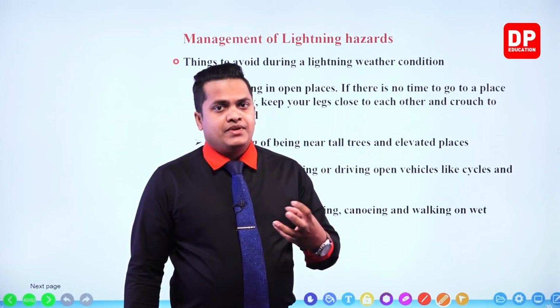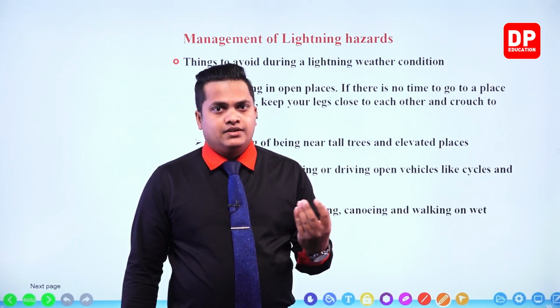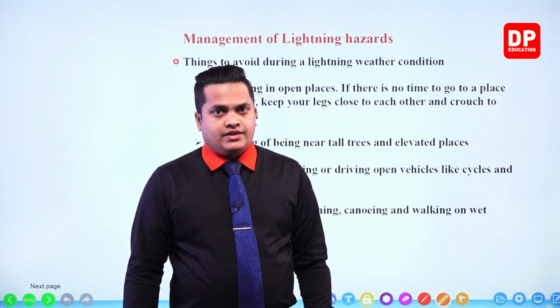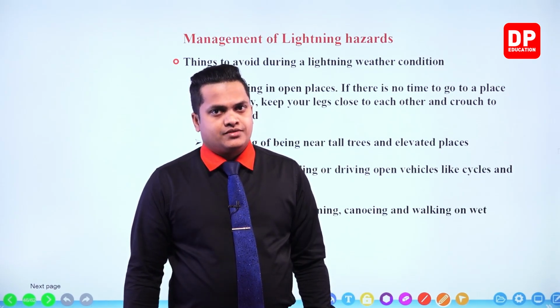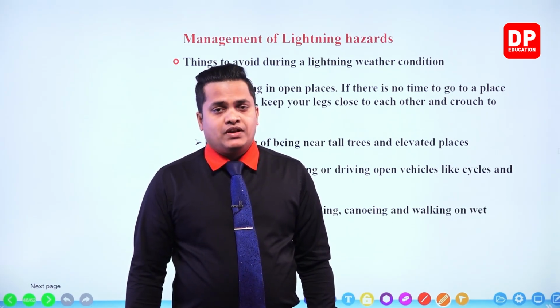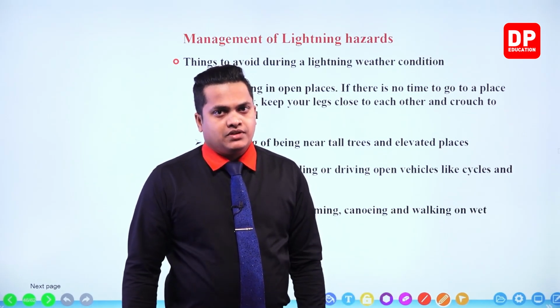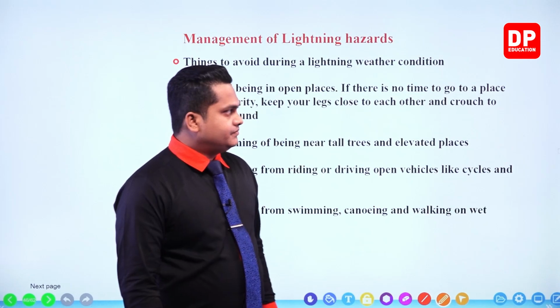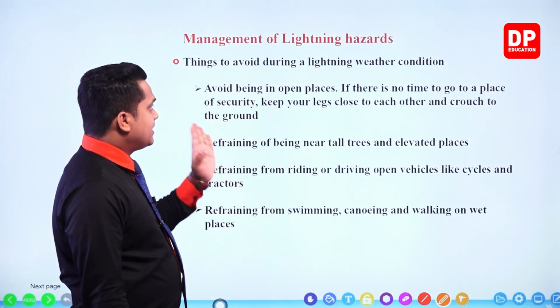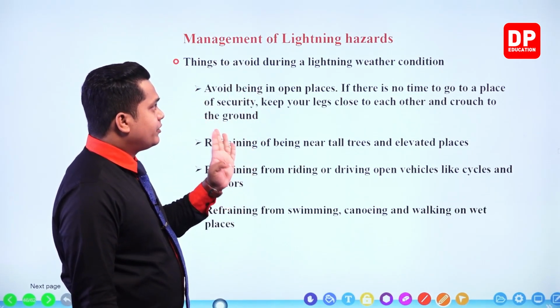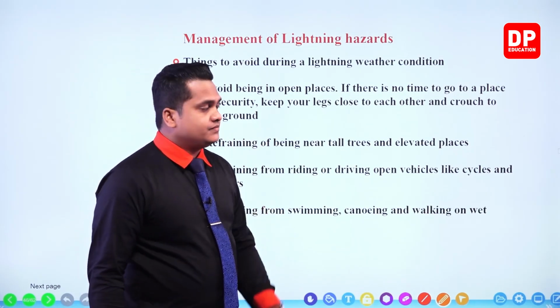Because water can be considered a conductor for the lightning, for the electrical charges. As there are a large amount of electrical charges, even through water, these electrical charges could travel right there. So these are the things that we shouldn't do during a lightning weather condition.